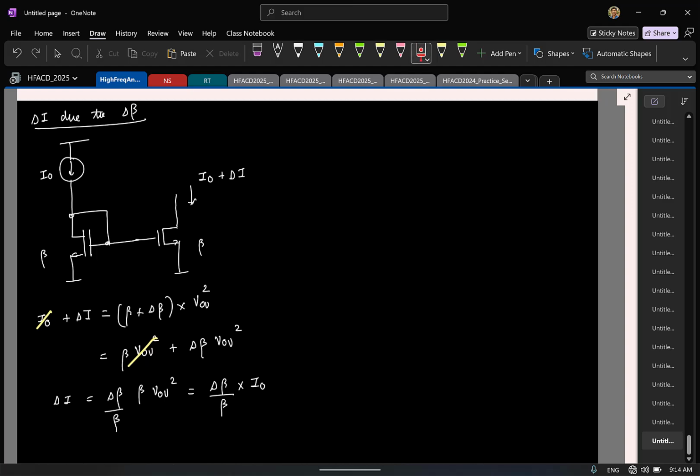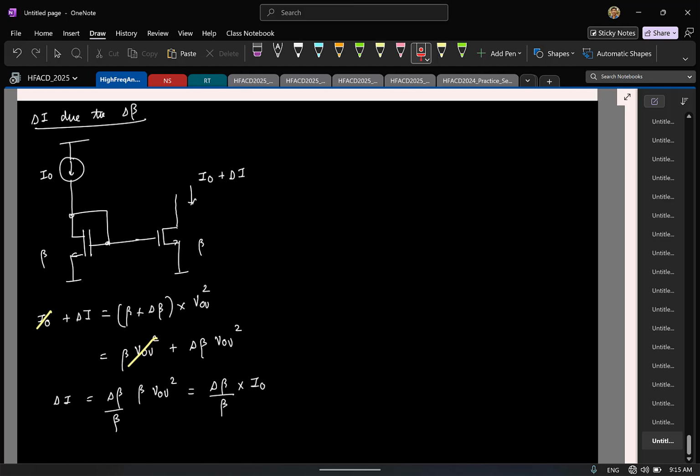But how do I model this delta I now here in the circuit? As of now, the current flowing in the transistor is what? I0, but it should be I0 plus delta I. So how do I model that now? Is the question clear?